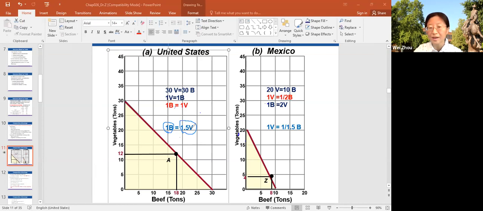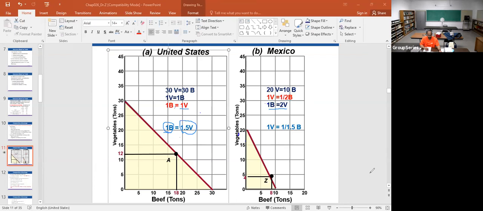Both countries will be happy, because I make one beef, give up one vegetable, and I charge an additional half vegetable from Mexico. And the Mexicans are happy too, because if I make one beef myself, it costs me 2 vegetables, but if I buy from the US, it only costs me 1.5 vegetables. So it's win-win for both countries. Yes?